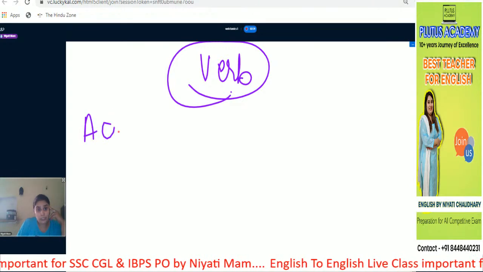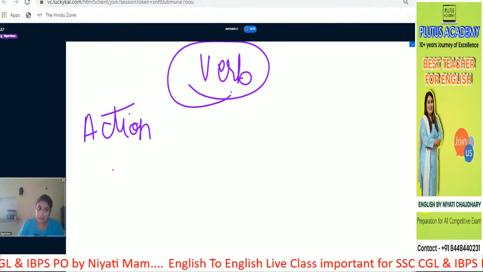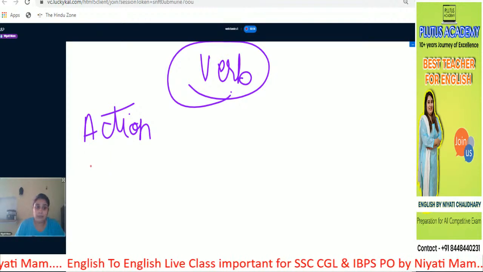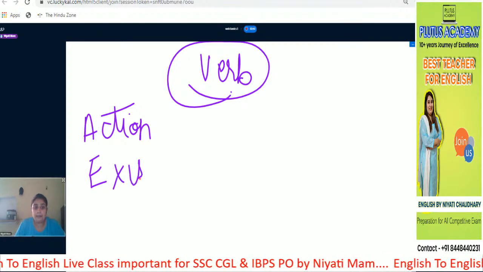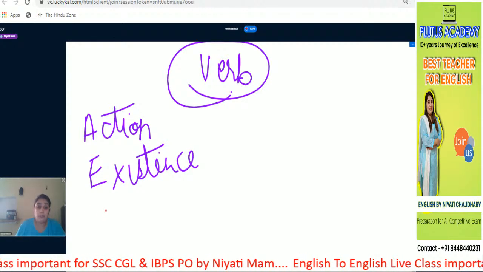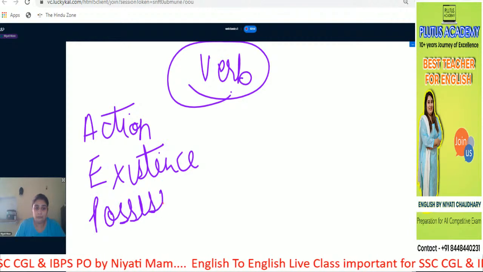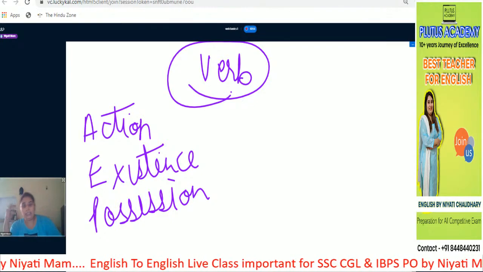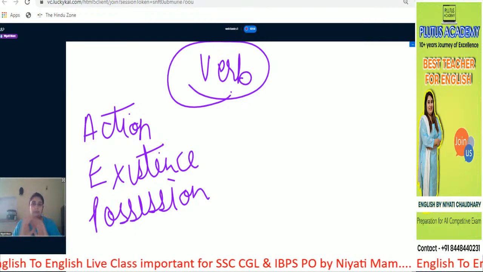Either your verb can represent an action, one thing, or your verb can represent existence, second thing, or your verb can represent possession.